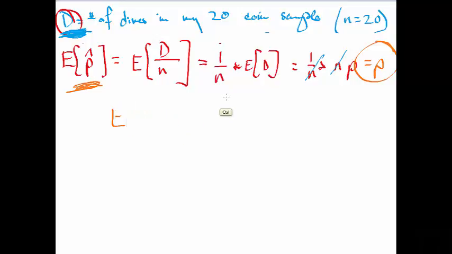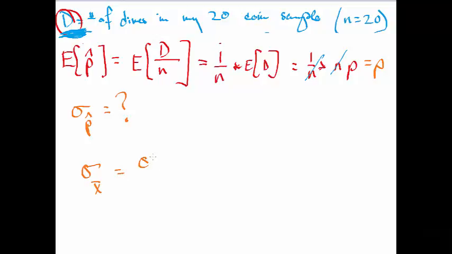But similarly, what if I want to find the standard deviation of p hat? I'm not sure I really know how to do that, but let's think about this. The standard deviation of the sample mean is sigma over the square root of n, the population standard deviation divided by the square root of the sample size.